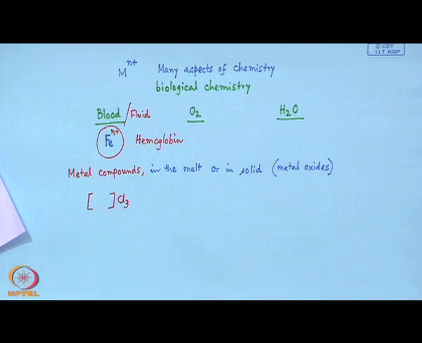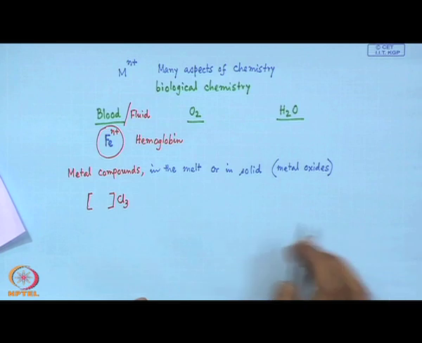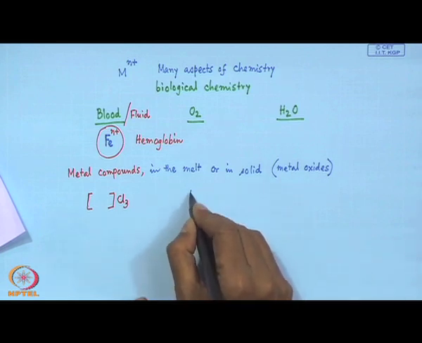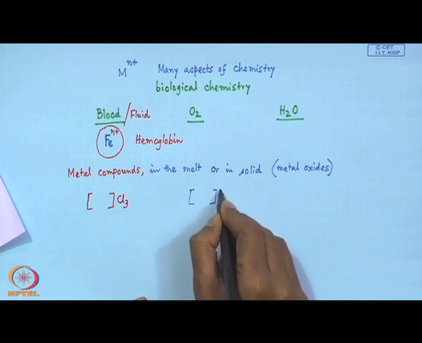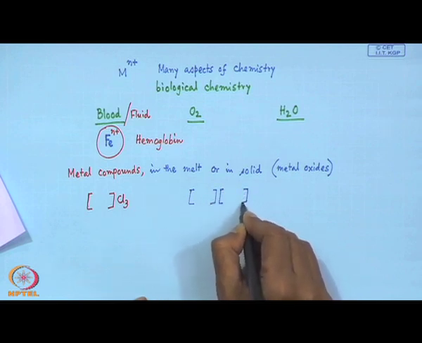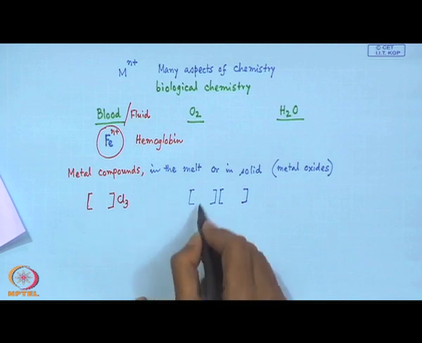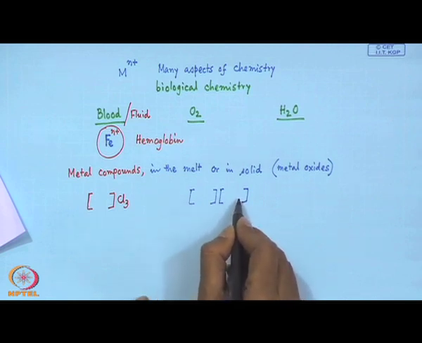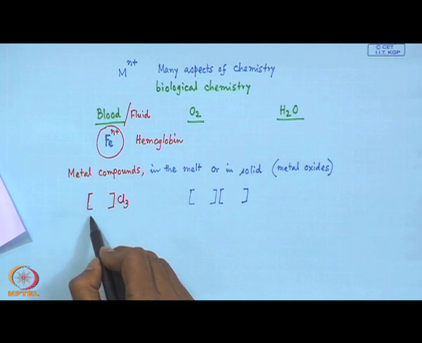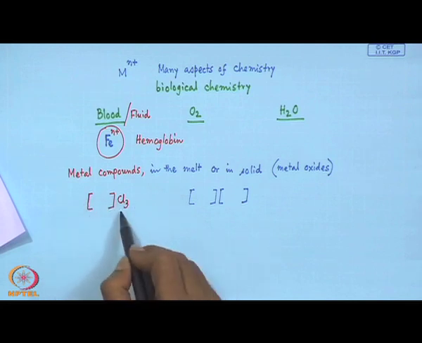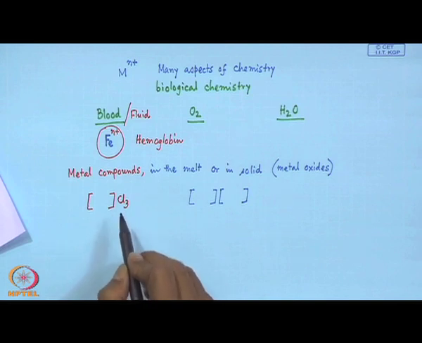corresponding complex, but in some cases it can so happen that it can have two parts, and both the cationic part and the anionic part are complex parts. Here the cationic part is giving us the corresponding complex species, but the anionic part is a simple inorganic anion coming from the chloride ion.